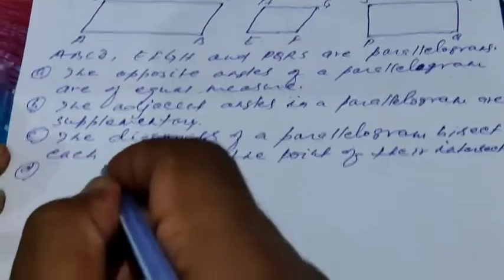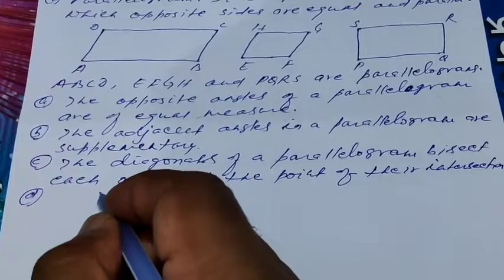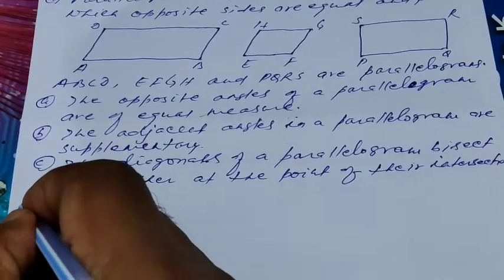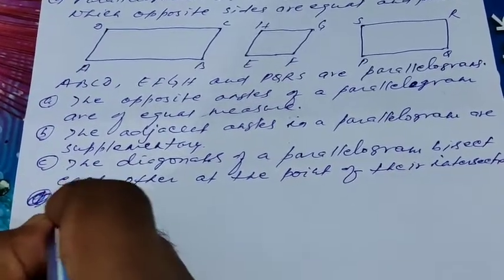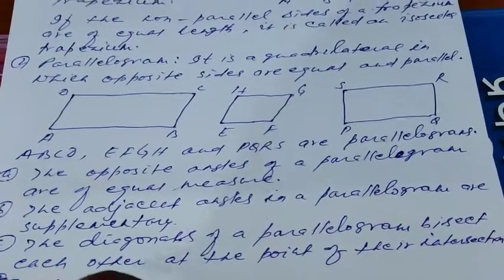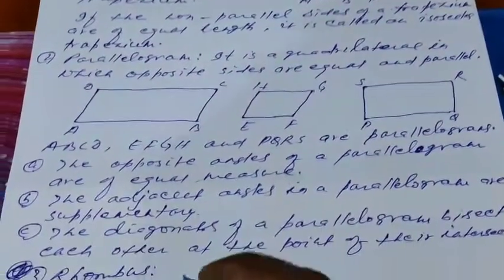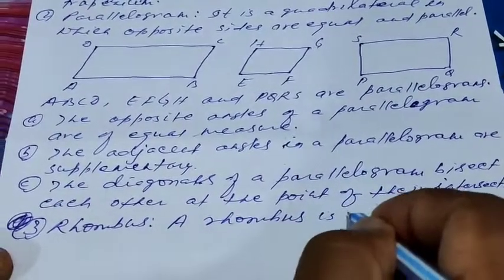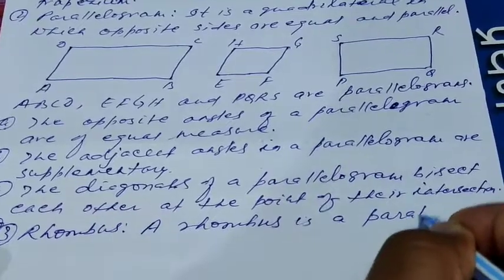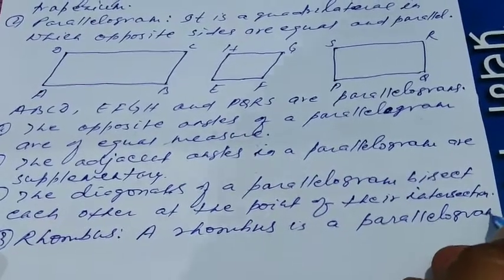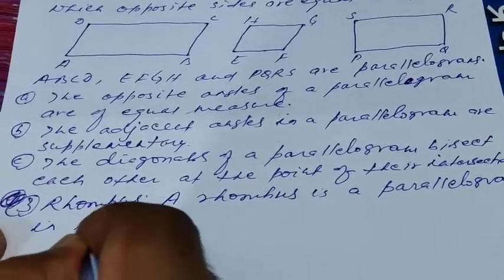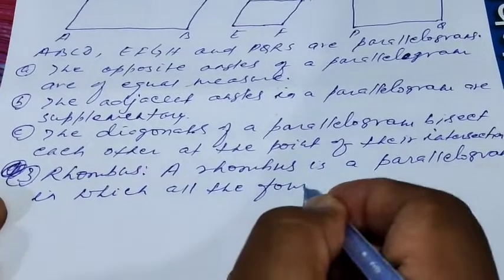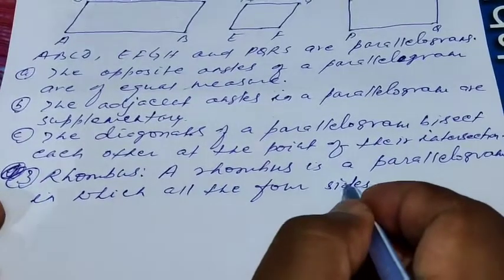D. Third is rhombus. A rhombus is a parallelogram in which all the four sides are equal.